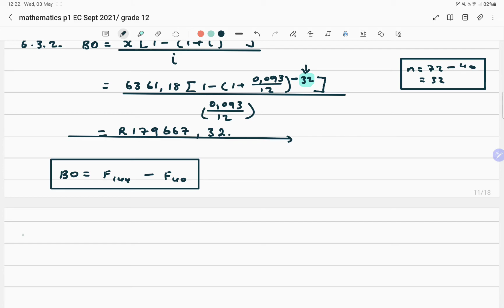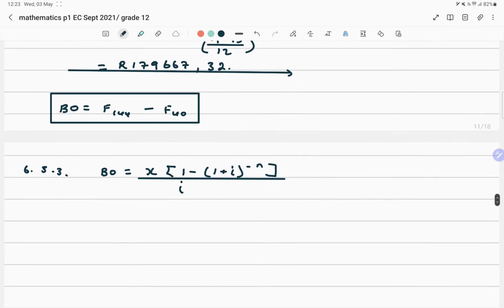So we can still use the present value formula, 6.3.3. Sorry, we know that the balance outstanding here was given by x into 1 minus 1 plus i to the minus n over i. Okay, that's what we saw.